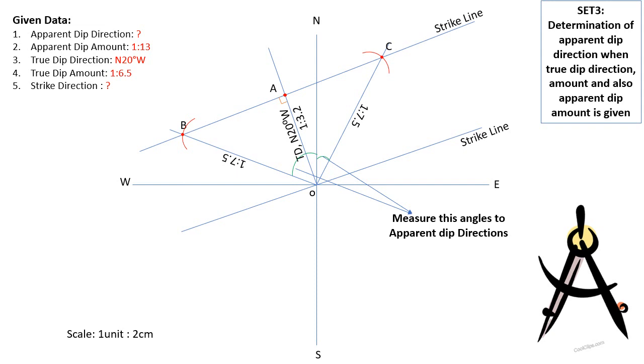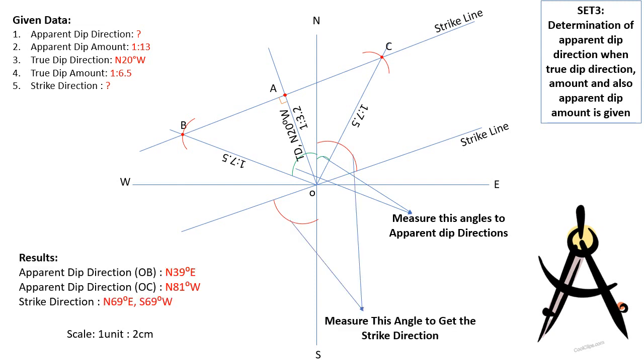So in the given amount, that is 1:13, these are the two directions we have got, and we are also going to measure the strike direction. So how will we measure the direction of the strike? The angle from north to the strike and the angle from south to the strike. This angle is called the strike direction, that is north 69 east and south 69 west.